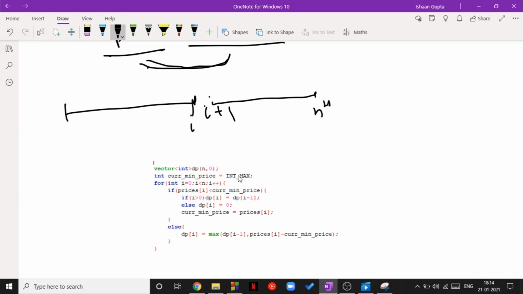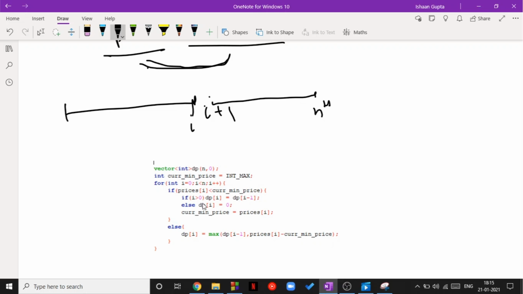Here is how you will construct the DP of I. This is pretty similar to the previous part. We will initially assign current minimum price to maximum, and then we will check for each value in prices. If the ith value of prices is less than current minimum price, then we will update current minimum price and assign the DP of I to the previous value.